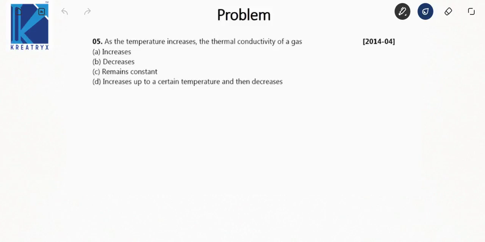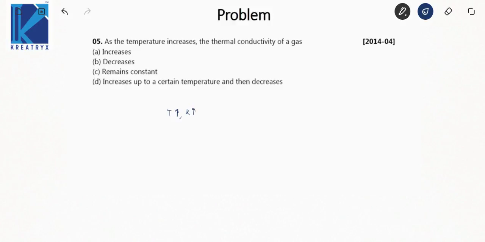As the temperature increases, the thermal conductivity of a gas, what do you think, guys? Will it increase, will it decrease, or will it remain constant? Before looking at the solution, try this yourself. Now if you have tried it yourself, let me tell you the solution. As the temperature increases, K will increase. Why?